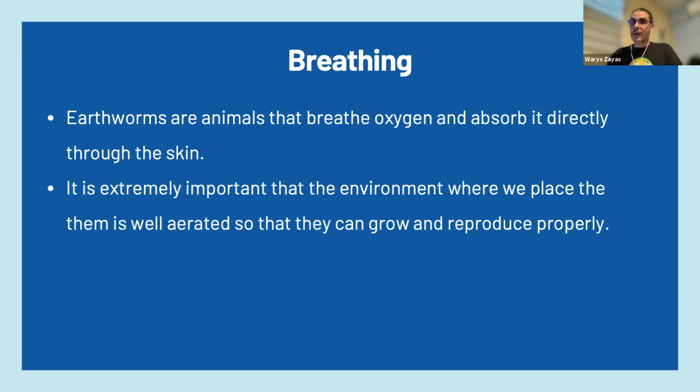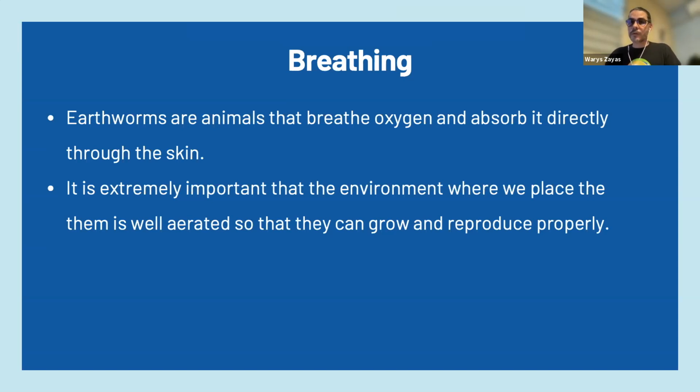In terms of the medium where we are going to have our worms, it is really important to maintain adequate humidity, right? If we have a lot of water there, sometimes the water will occupy the pores where air would be stored, causing a lack of air to breathe, and in the worst scenario this can cause the death of our worms.